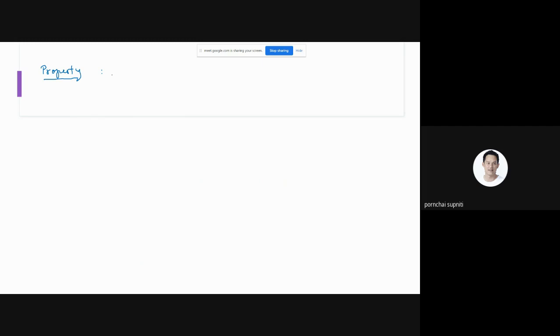One of the important properties we'll use later next class is that the product of two lower triangular matrices is also a lower triangular matrix.